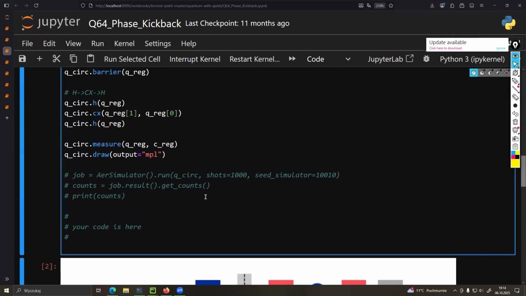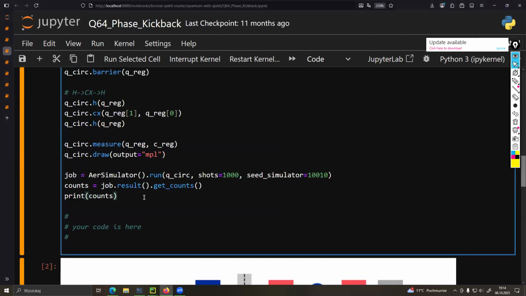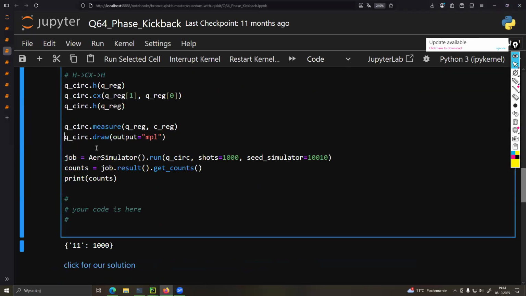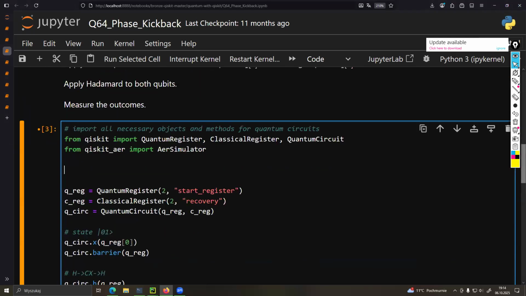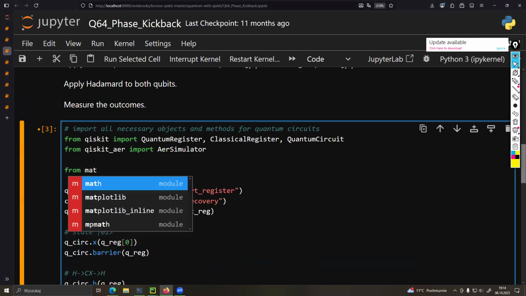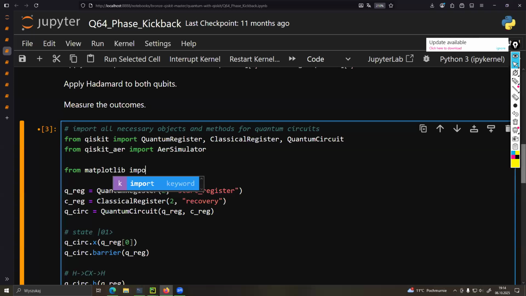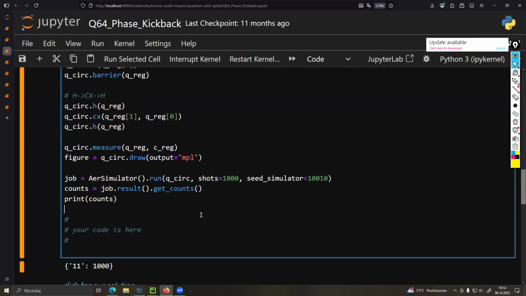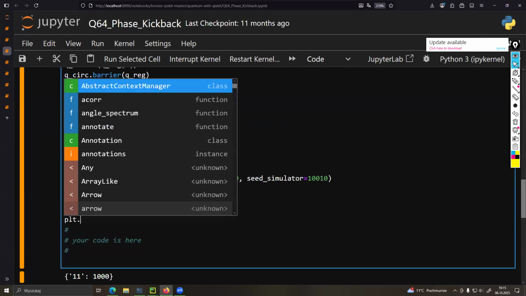And what do we even achieve here? Oh, I do not have a... Okay, so P here equals, I will import from matplotlib import pyplot as plt, and I will also do plt.show.